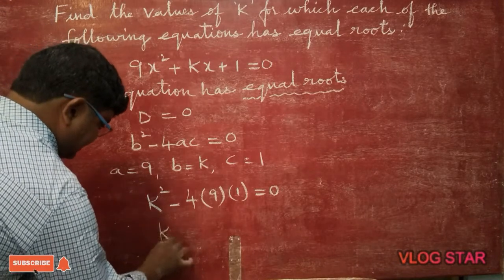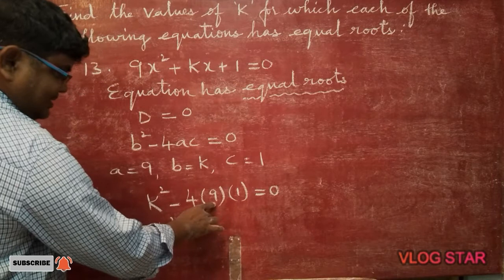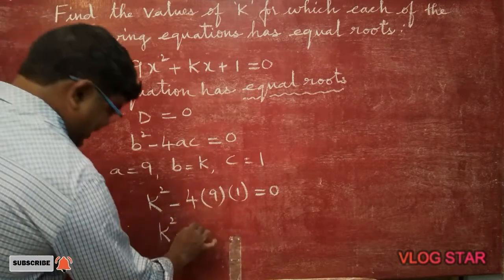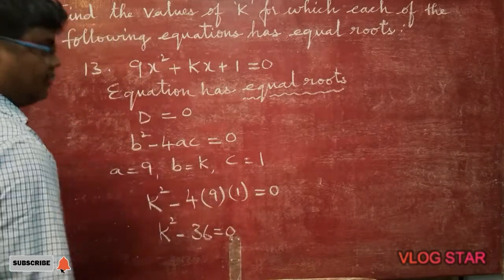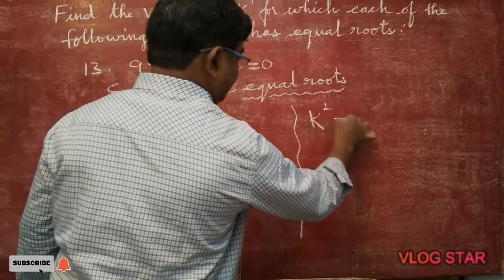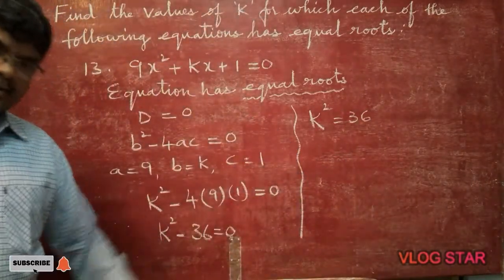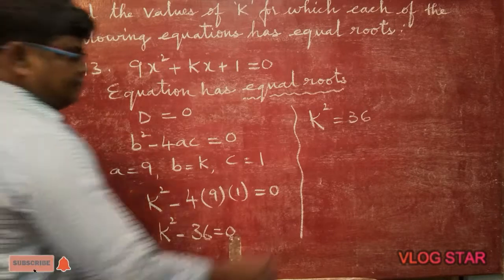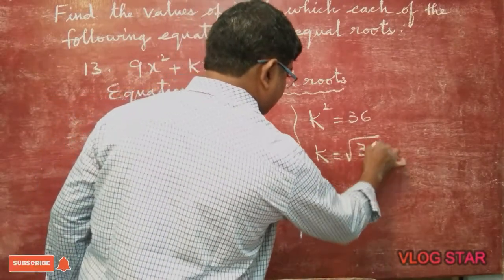K square as it is, minus 4 9s are 36, 36 1s are 36. 36 is equal to 0. Now simplify. K square is equal to 36. Minus 36 going from left side to right side, plus 36. K is equal to, square going from left to right, square root.